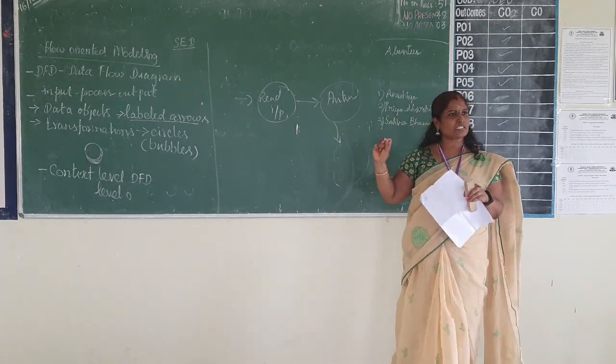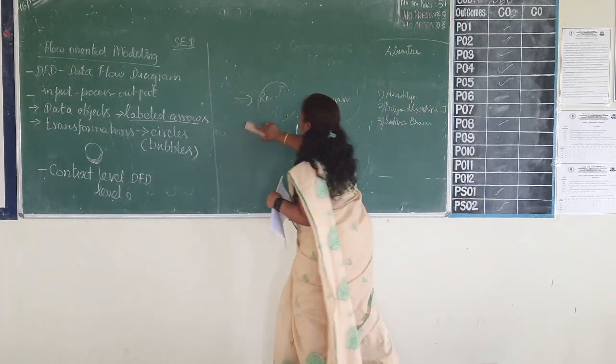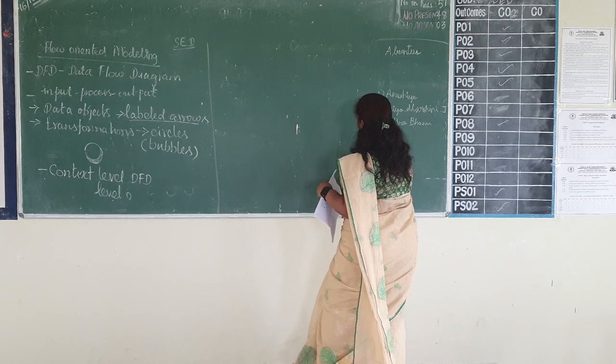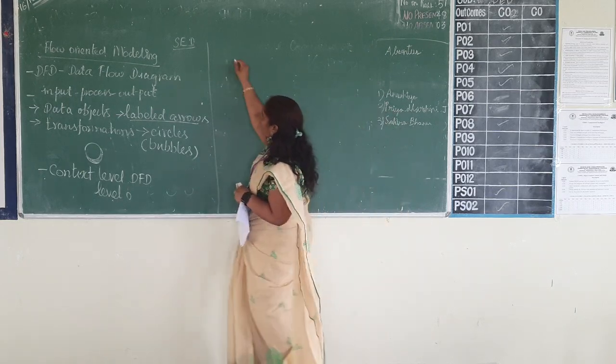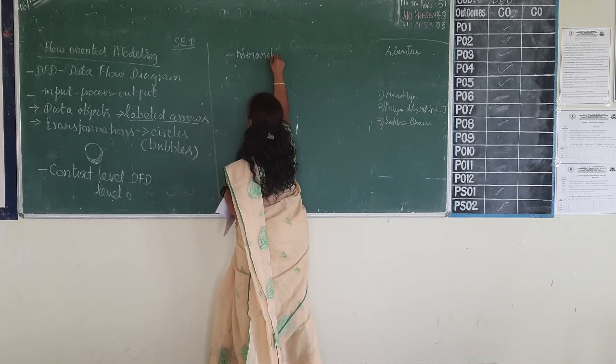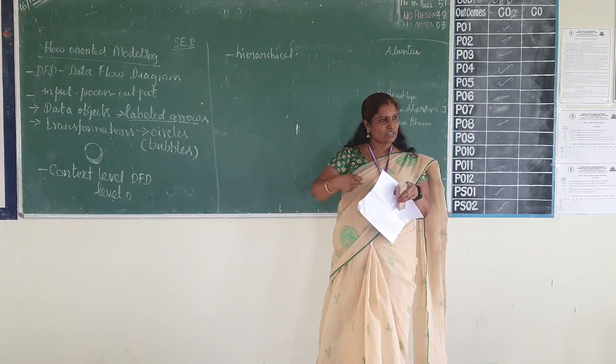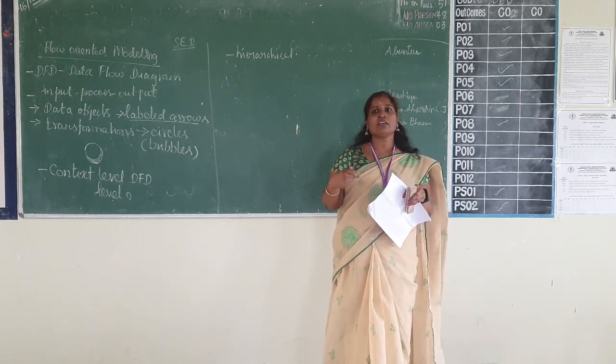I don't understand anything from this, but this is the overall thing. In other words, I will explain it to you with a simple flow chart. And one more thing you need to know, this will normally be represented as a hierarchical diagram, that is, there will be a hierarchy, there will be an order.